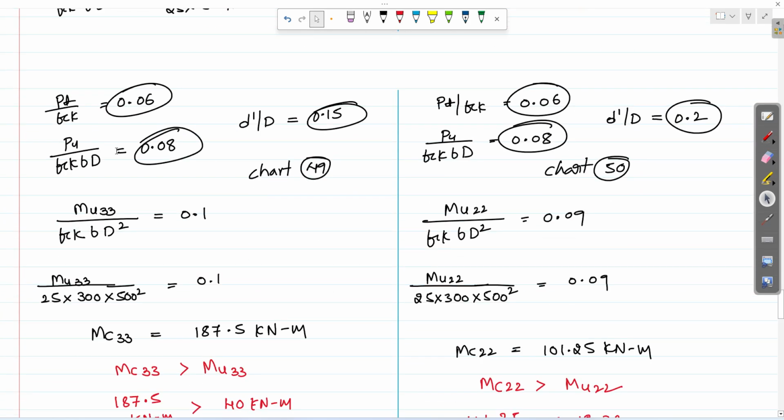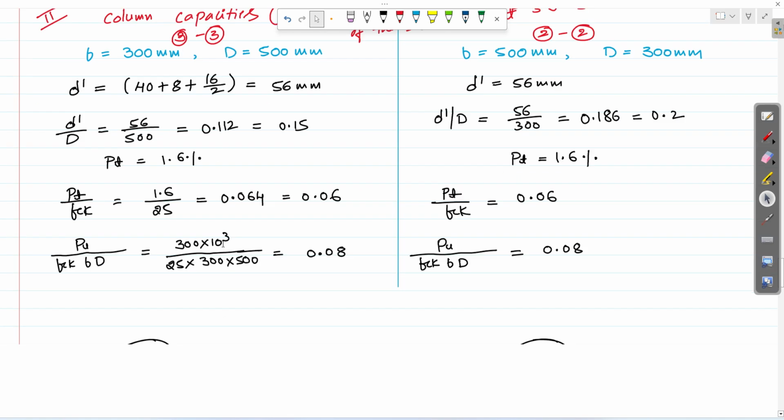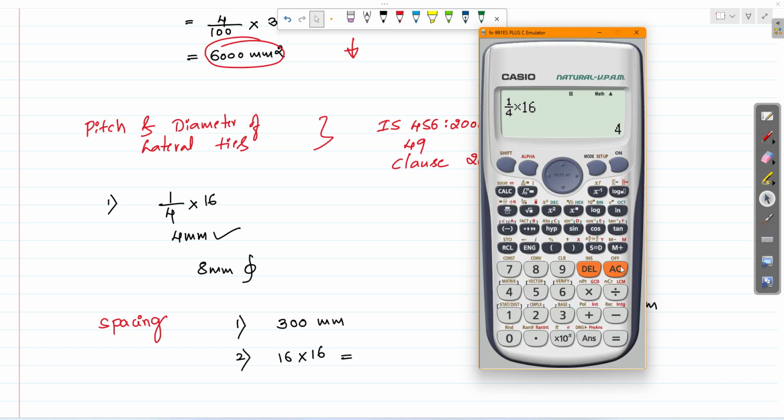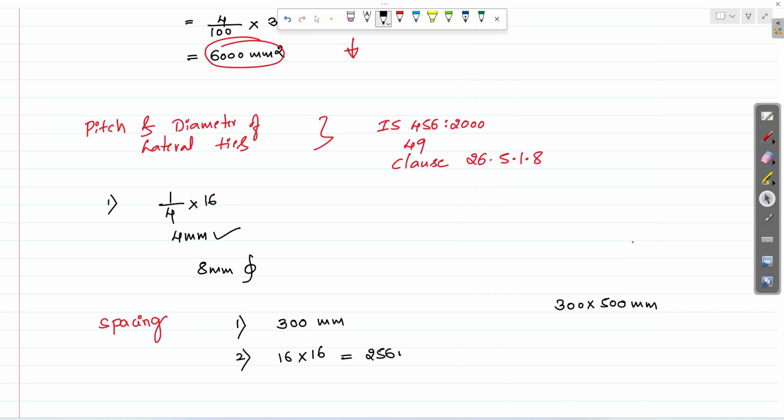In calculating d dash by d, I used 16 mm. So let it be 16 mm. So 16 multiplied by 16, which will be 256 mm. So the third one will be 300 mm.